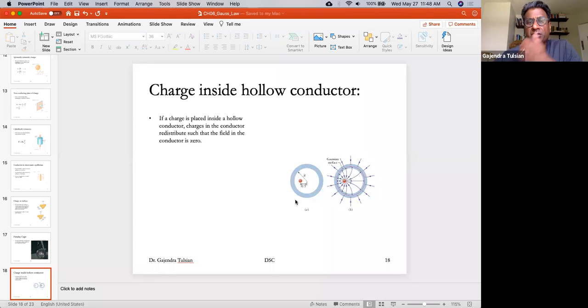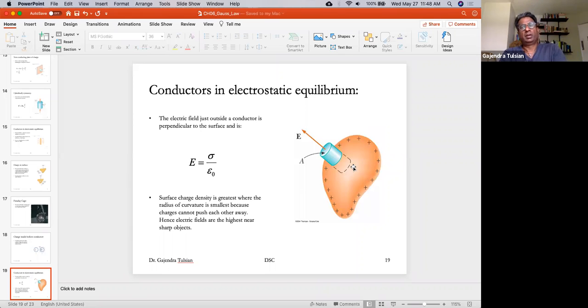This is how the charges redistribute in the conducting shell, such that the electric field at every point inside the conductor is 0.